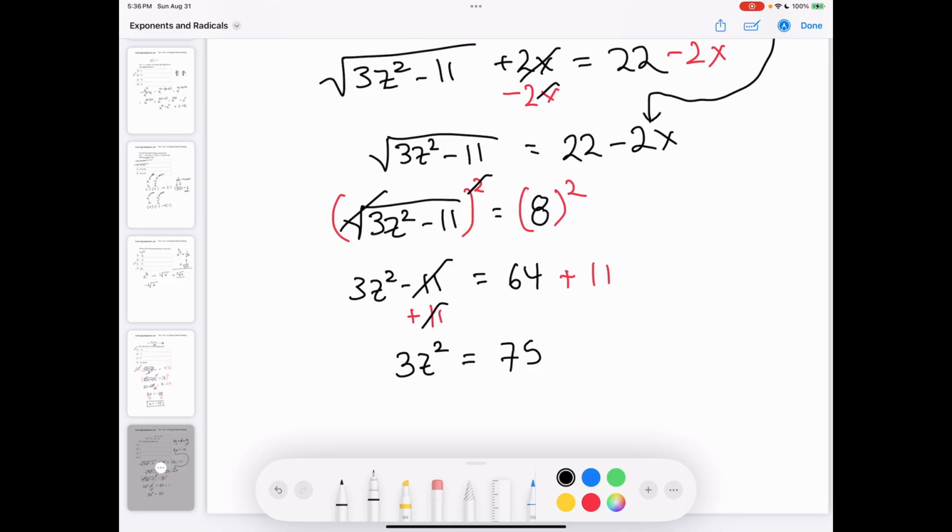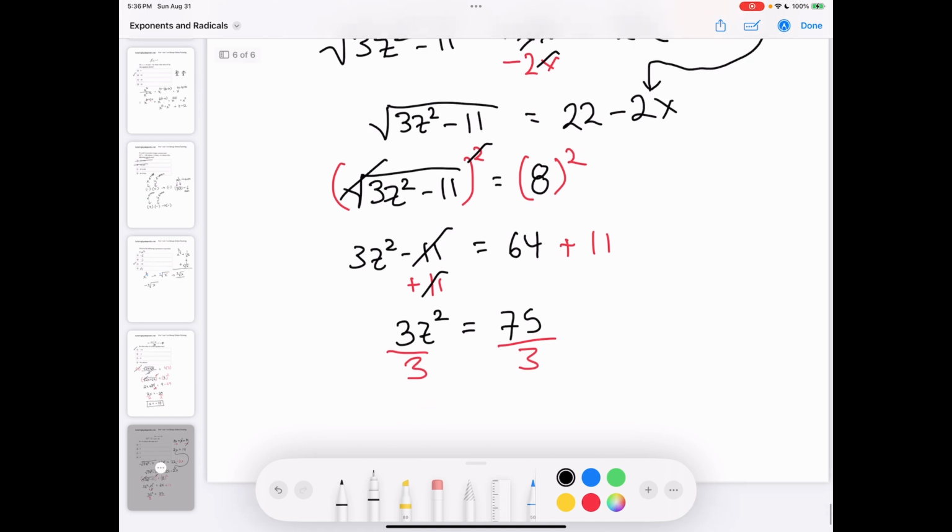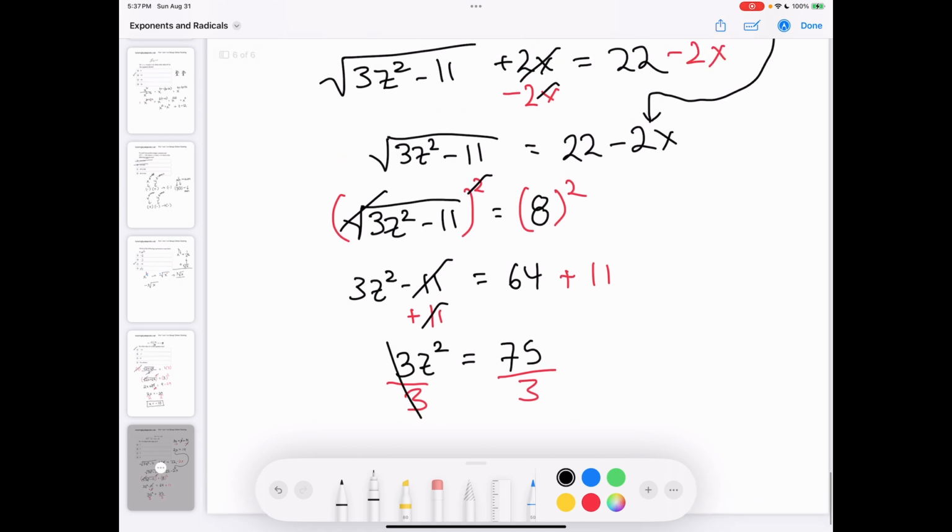Great. So now I have the 3. The 3 is multiplying, so I'm going to apply the opposite operation, which means I am going to divide by 3 on both sides. 3 divided by 3 is just 1, so I can cancel that out, and 75 divided by 3 is 25.